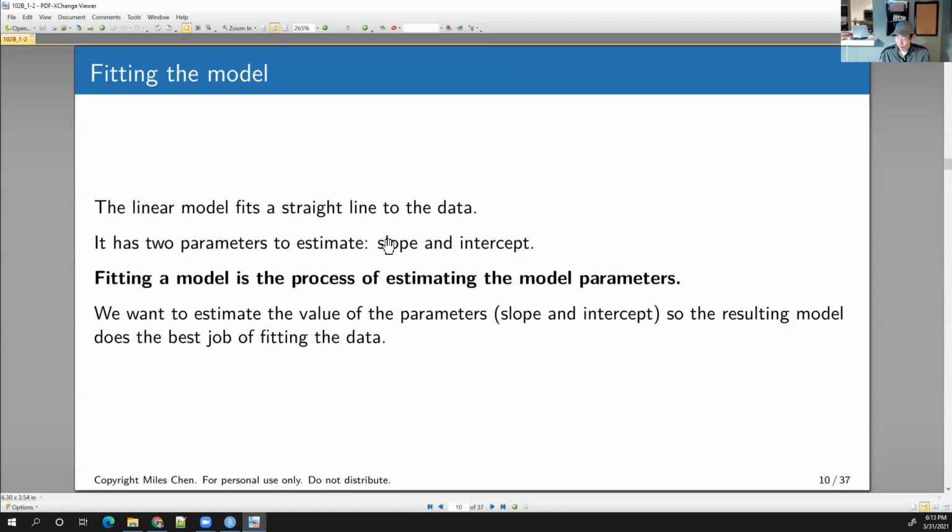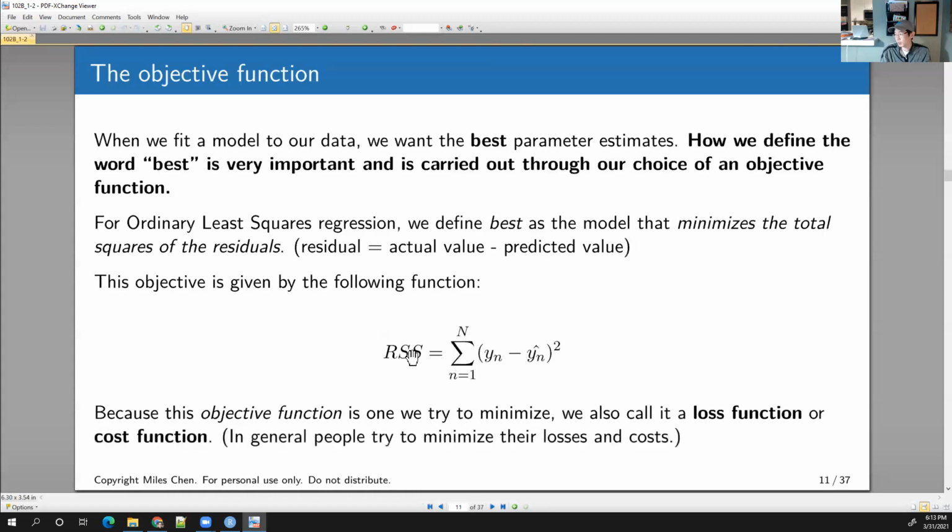And you've already learned this. You learned how to fit the slope and intercept from your 101A class and stuff like that. But we're going to take it from a machine learning perspective. We want to find the slope and intercept that does the best job of fitting the data. So what exactly does it mean to do the best job of fitting the data?